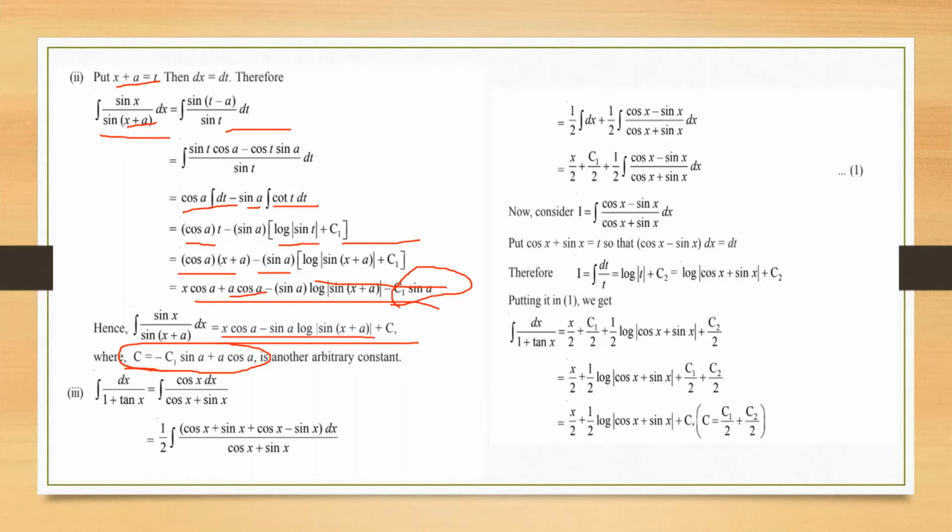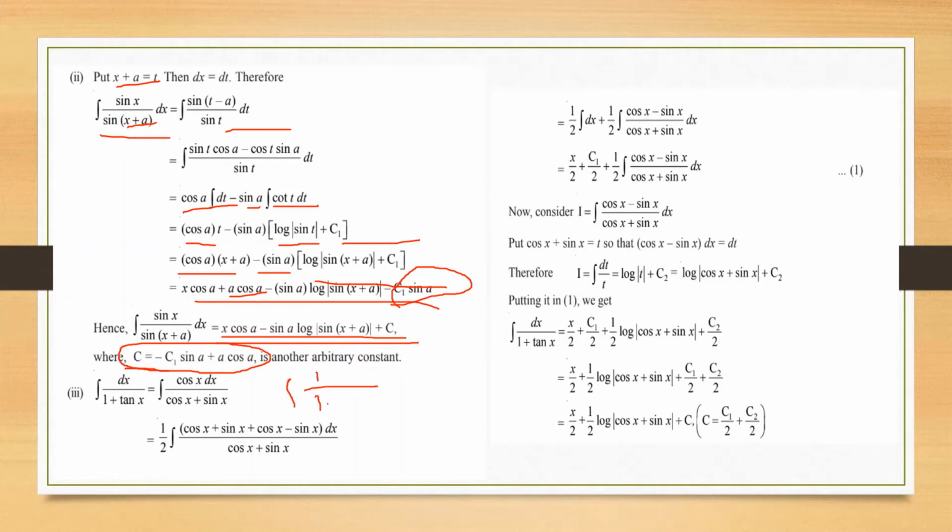Okay. Next is your dx upon 1 plus tan x. See, there are 4 types of question like this. One is what you will get in your exercise like this, dx upon 1 plus tan x. Same question can be 1 minus tan x.